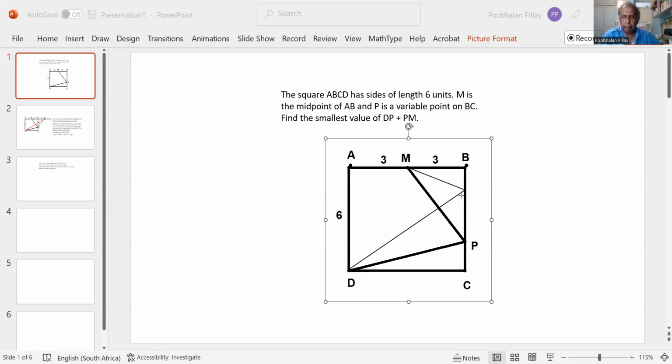So DP plus PM will be different from DP plus PM here. So the question is, what is the smallest possible value of this?